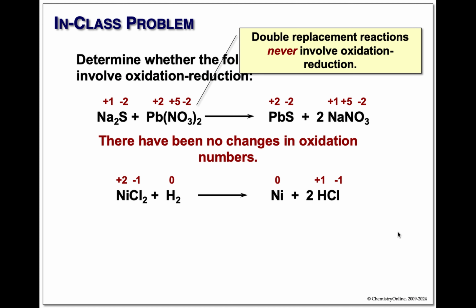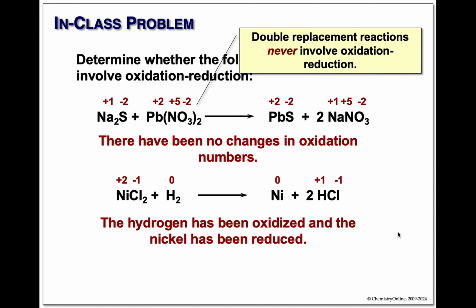Hydrogen from 0 to +1. There is a change. Who was oxidized? Hydrogen started at 0, lost an electron. Hydrogen is oxidized, nickel reduced.